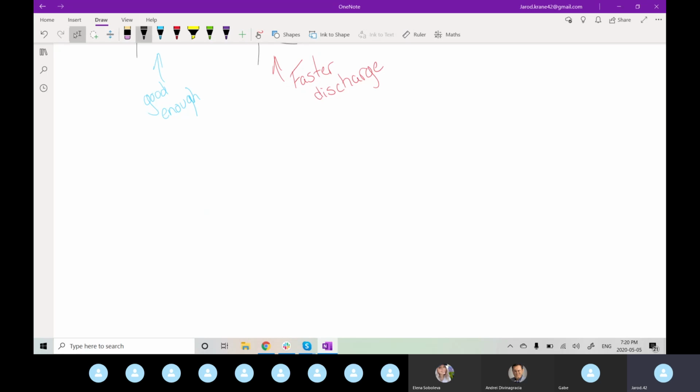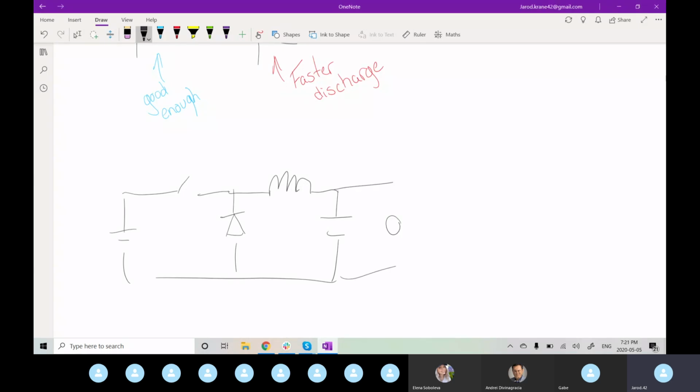So, I mean, I can quickly draw up, so I'll quickly explain a buck converter. We'll go into this in detail, so I'm not going to spend much time on this. Inductor, out.